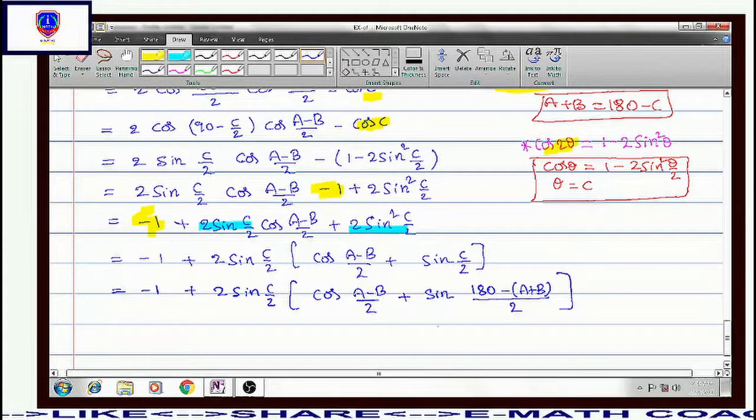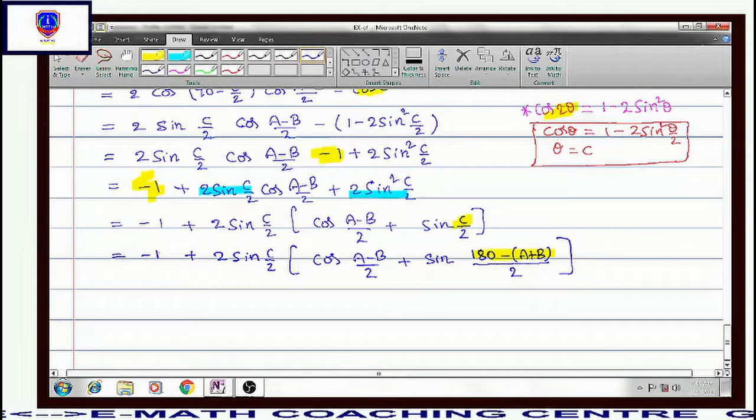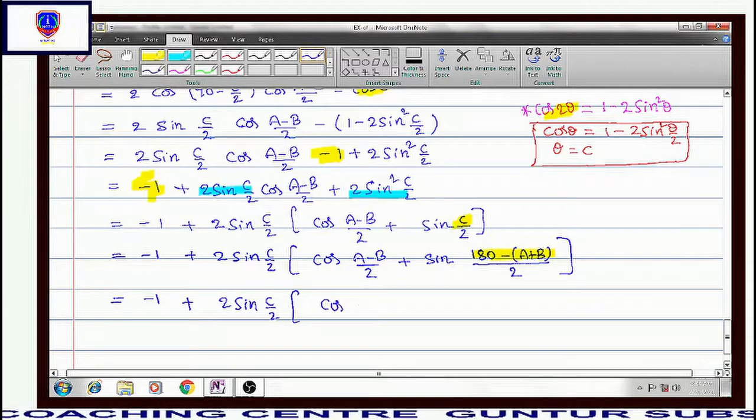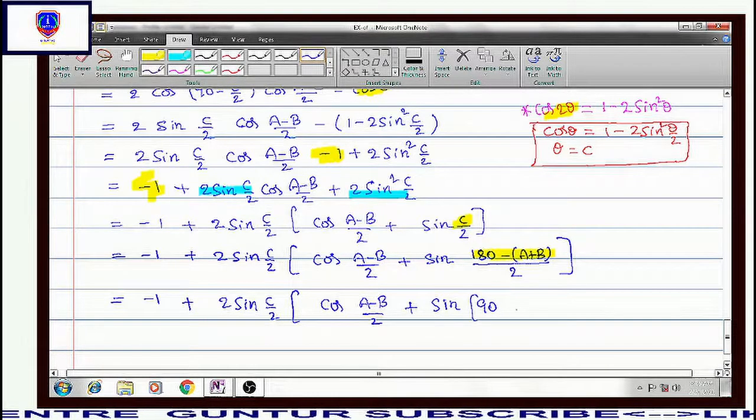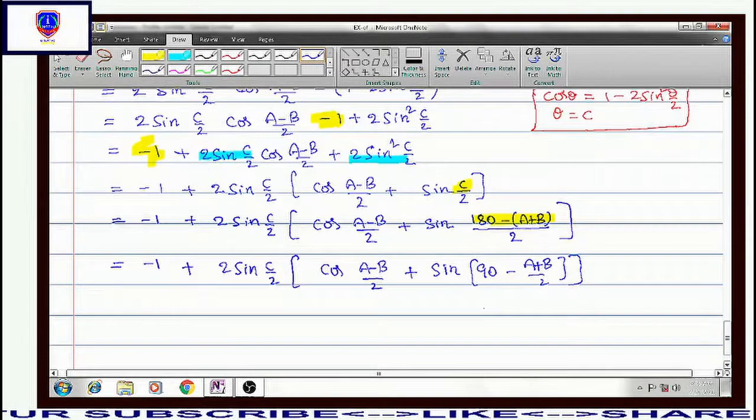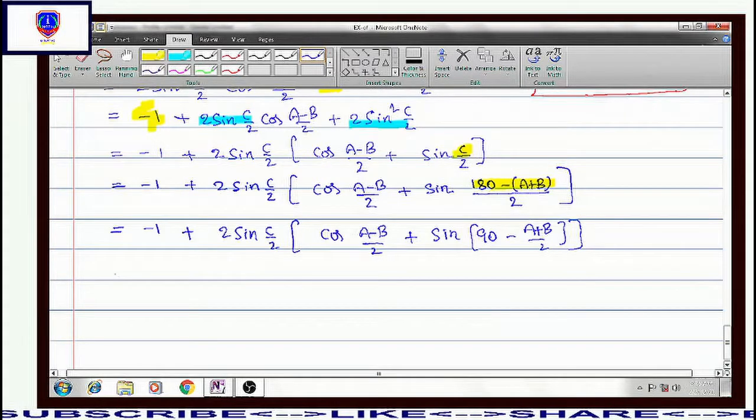This is equal to minus 1 plus 2 sine C by 2 of cos of (A minus B) by 2 plus sine of 180 by 2, which is 90, minus (A plus B) by 2. 90 minus theta is the first quadrant, where all trigonometric functions are positive.